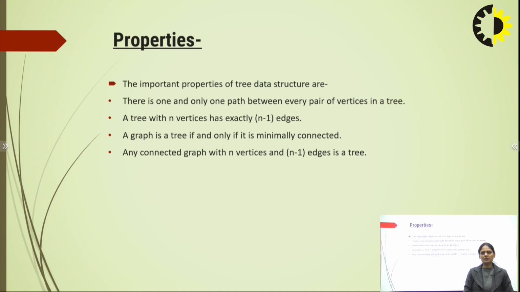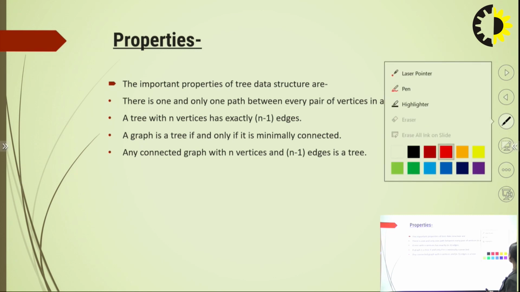When it is minimally connected, suppose you have 2 nodes, then there is only a single edge, which means that it is a tree. So the 2 nodes must have a single edge, as we can see over here.